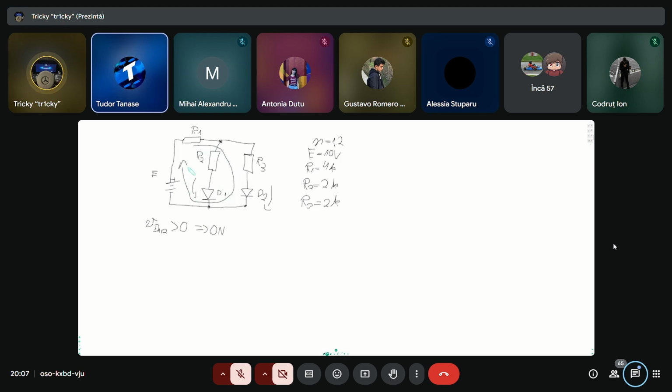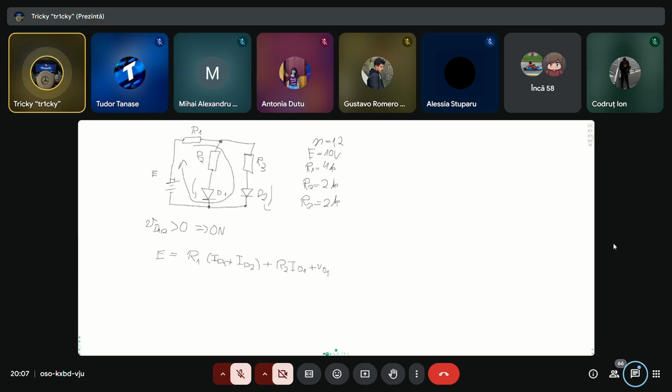First, we can take them both like this, and we can write E as being equal to R1, the resistor here, times ID1 plus ID2, plus R2 times ID1, plus VD1. And this is for the first branch over here.